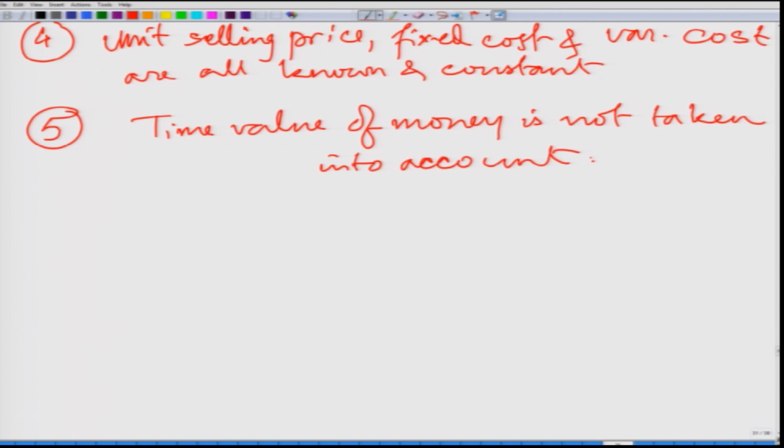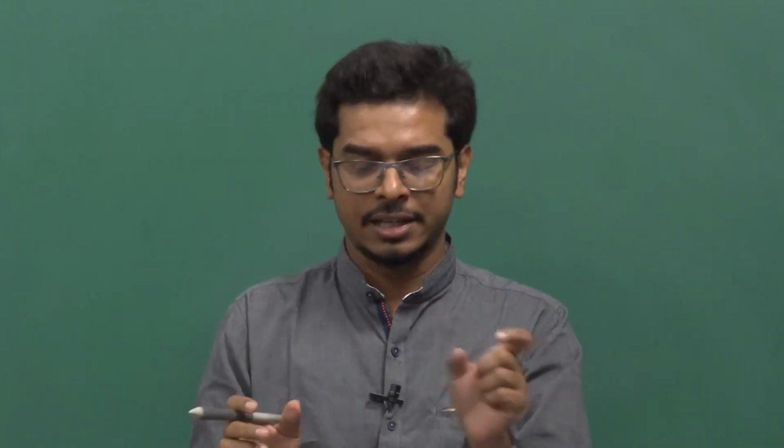That means whenever I am estimating the revenue and the cost and doing a cost volume profit analysis to find a particular level of output to achieve the break even point or a certain level of profit, I don't consider any time lapse, so there is no cost associated with the time.